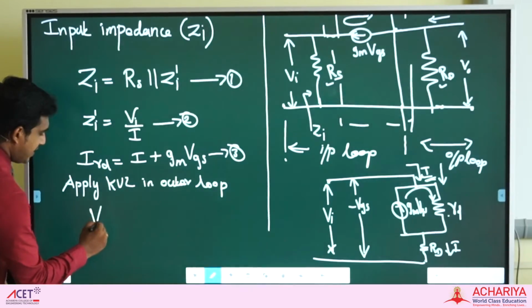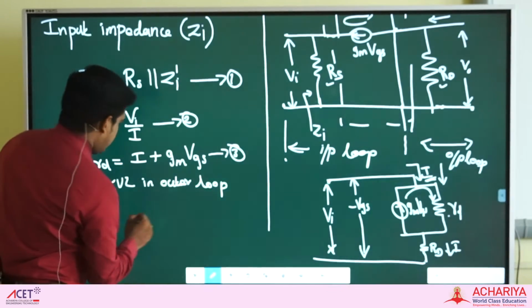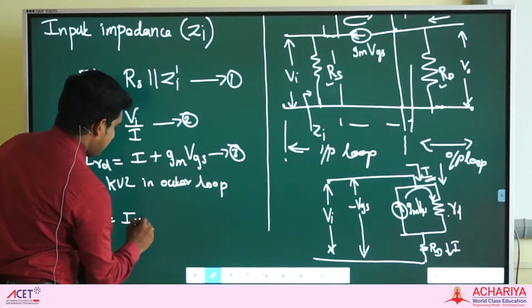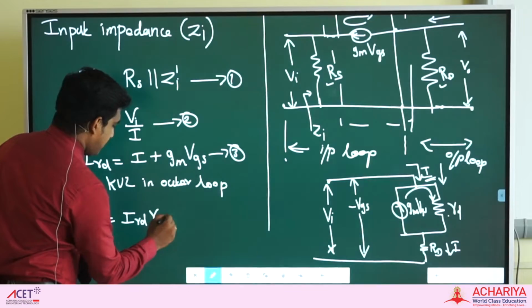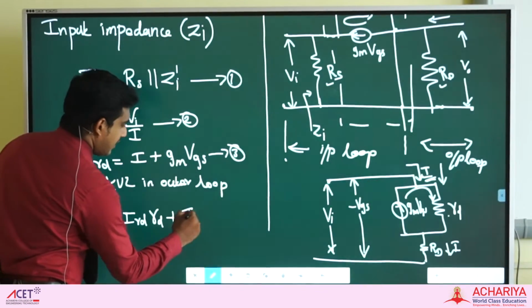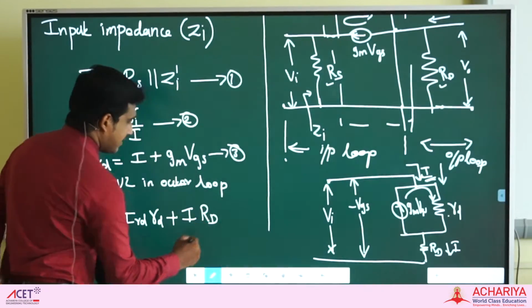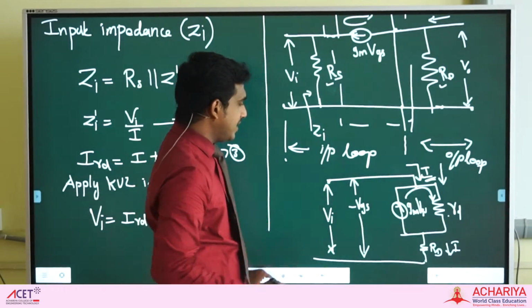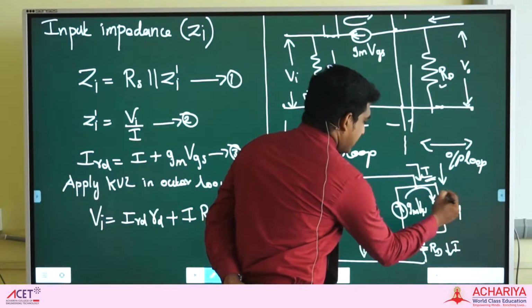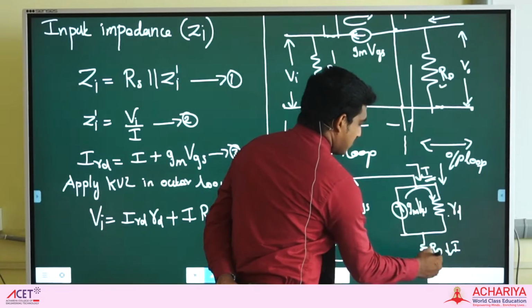We can write Vi is equal to IRD into RD plus I into RD. That is, Vi is the input voltage, and there is one voltage drop here and another one here.